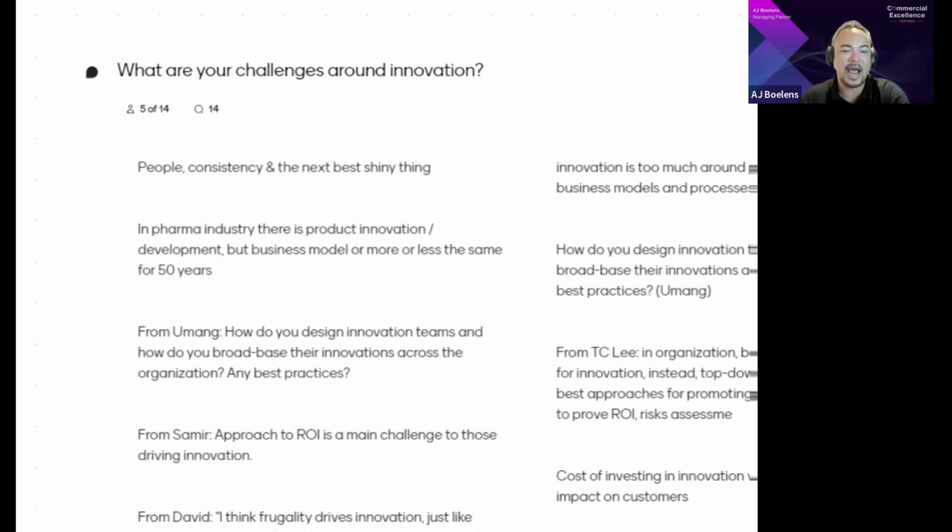Umang has mentioned here, how do you design innovation teams and how do you broad base their innovations across the organization? Any best practices? Well, I think innovation teams should serve as a shared resource for the organizations. They should support leaders that are driving today's day-to-day business to come up with novel new ways of reaching new customers and markets, creating new products and services, and experimenting with new business models and partnerships.